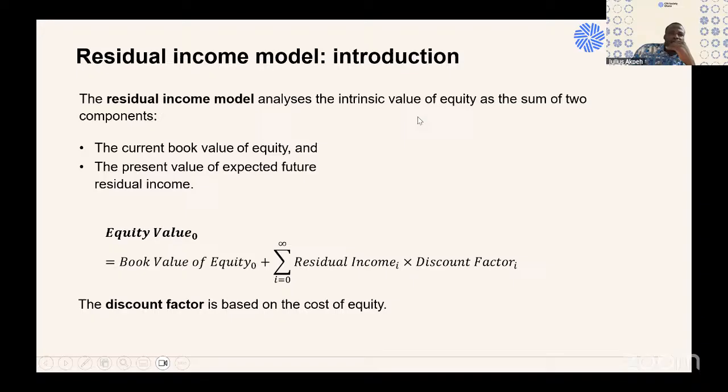Now, there's a reason why financial services firms tend to be mostly valued by the residual income model. One, the book value of equity matters a lot to regulators and also to investors, because a bank will stop existing if it doesn't have enough capital, and that's a matter of equity. The second point is that most of the items on the bank's balance sheet are at fair value.